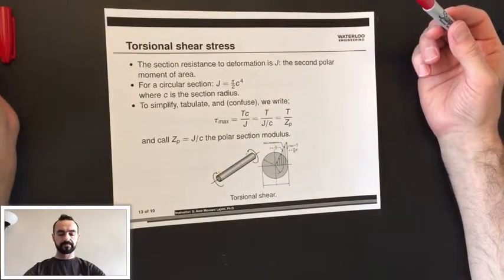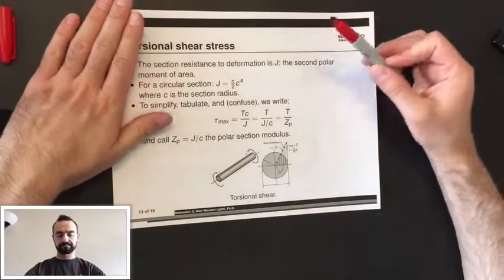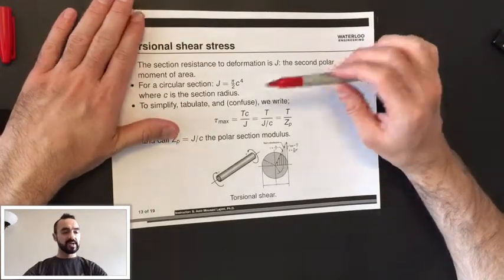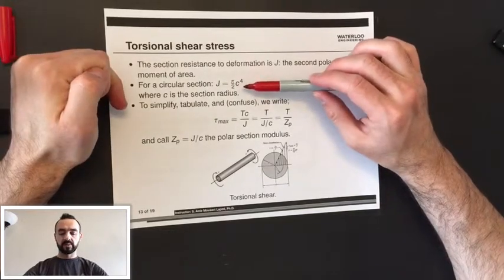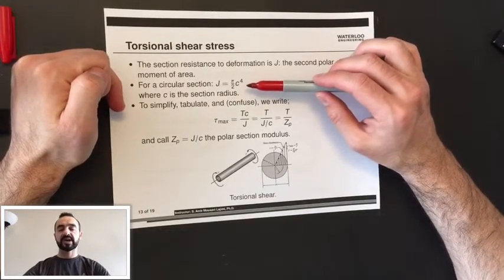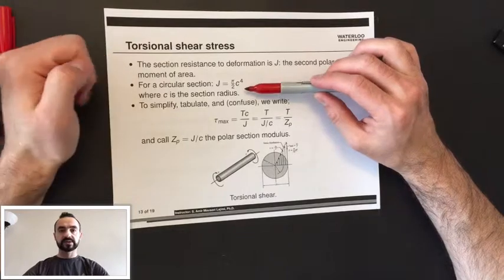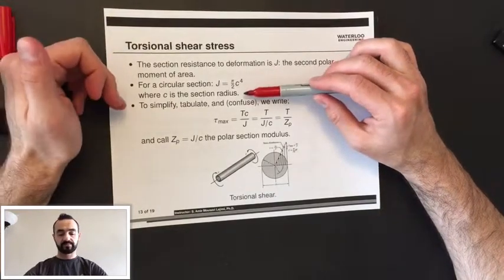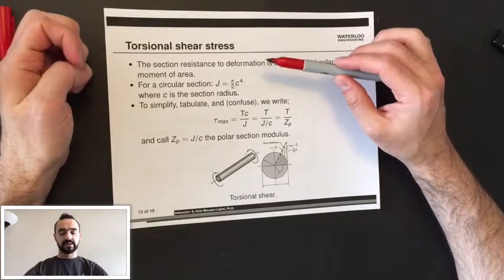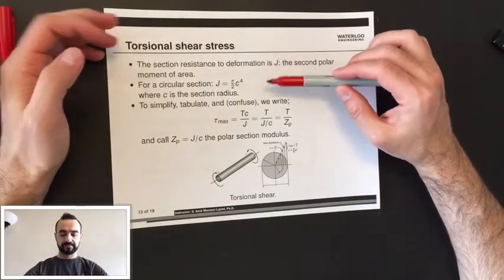Now, that J is called the section modulus, and for a shaft with a circular cross section, J is defined as pi over 2 c to the fourth, and c is the section radius.